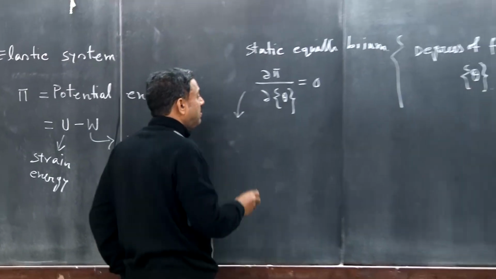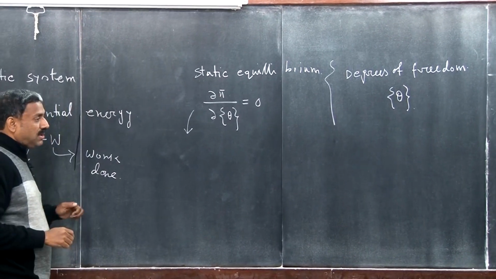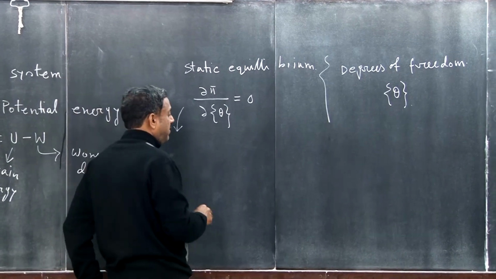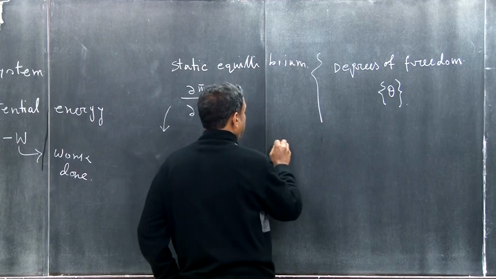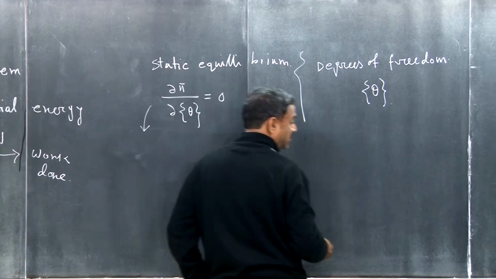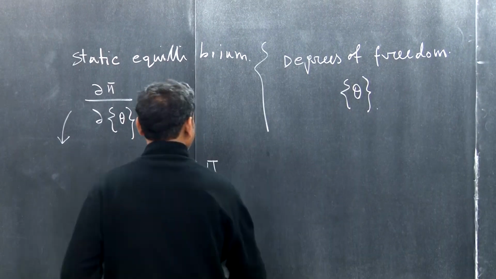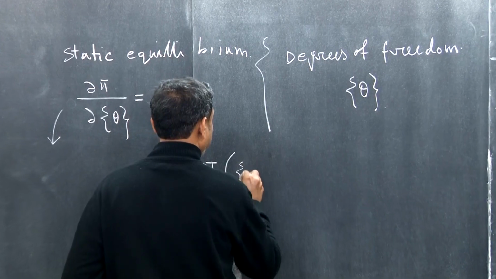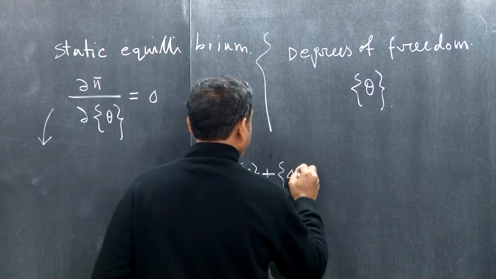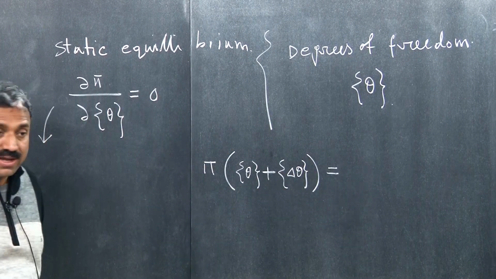Now, for stability, you have to consider higher order information. How? Please recall that we are perturbing the system, right? From the previous class, you can recall that we have done a Taylor series expansion. We have considered the expansion of the potential energy functional pi, where it was theta, and then we put some perturbation on theta. So, theta plus delta theta, right?